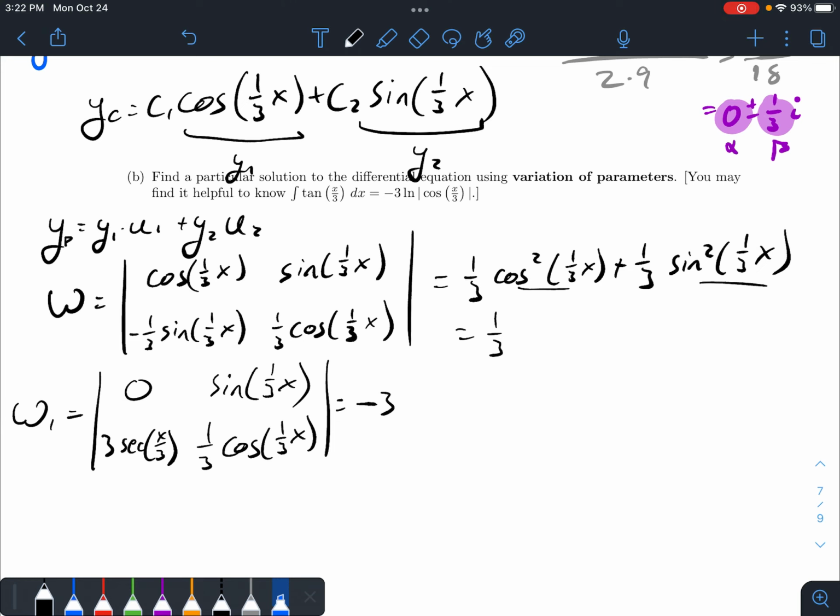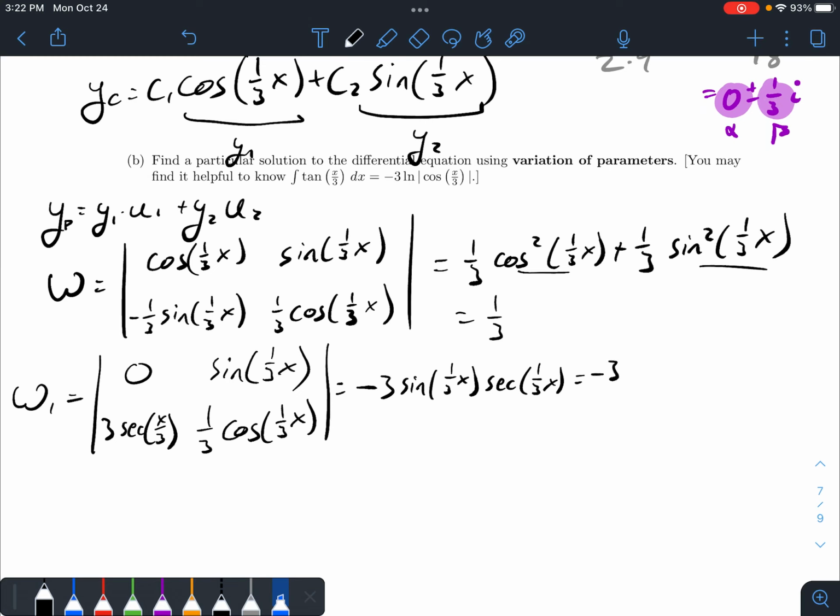So this is 3 sine of 1/3 x times secant of 1/3 x, and secant is 1 over cosine, which is equal to tangent.